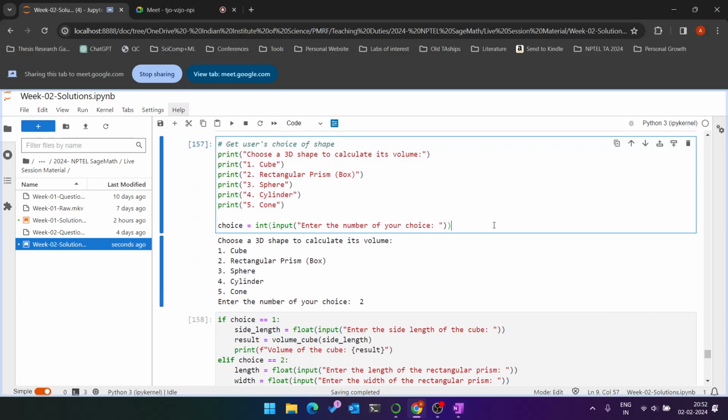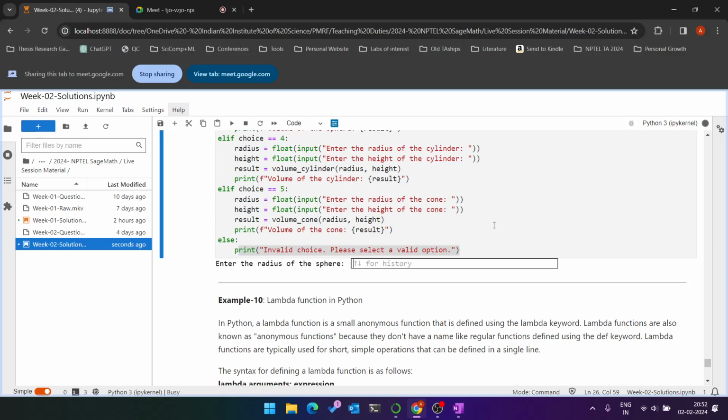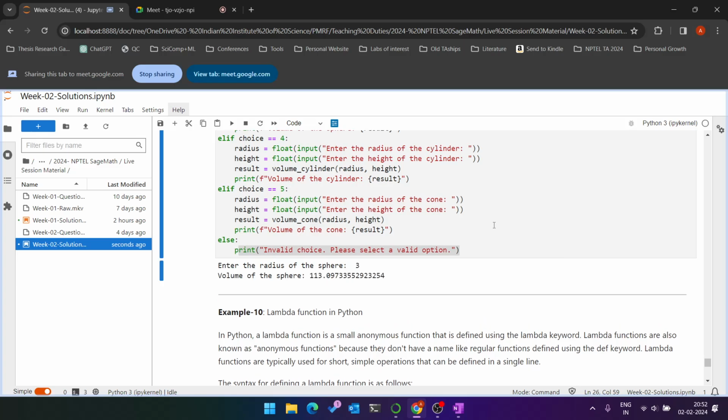If I have a sphere, we only have the radius. Suppose 3 is my radius, then 4/3 pi r cubed is nothing but 36 pi, which should be around 130. Yeah.